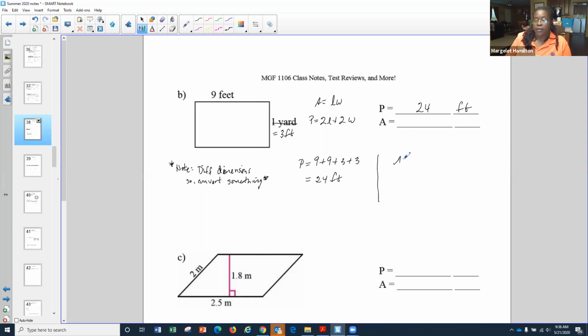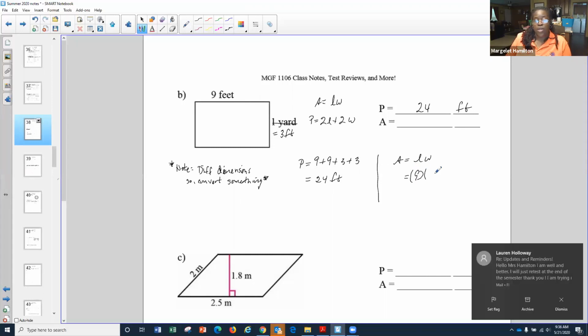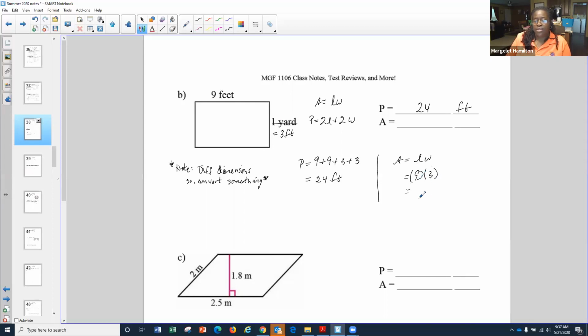Now our area, length times width. We have our length, we have our width. Our length is 9. Our width is 3. Okay? So now we have 9 times 3, 27.